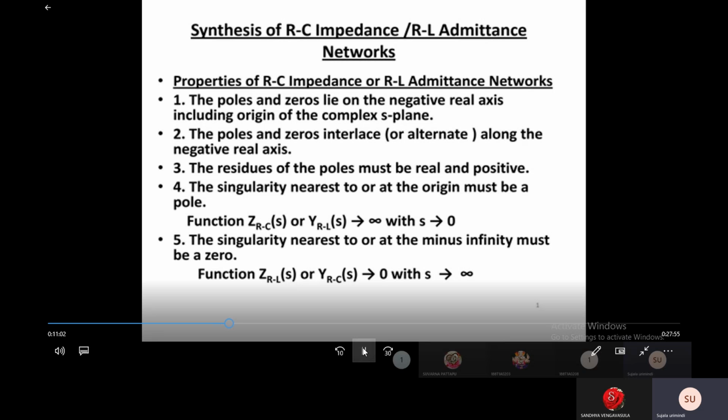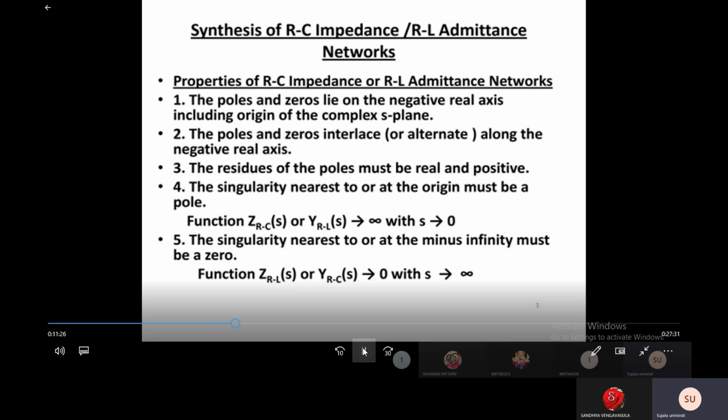If it is a zero, the singularity nearest to the origin must be a zero, then it is called RL impedance and RC admittance. The remaining structure and properties above must be the same for RC impedance and RL admittance, and RL impedance and RC admittance.